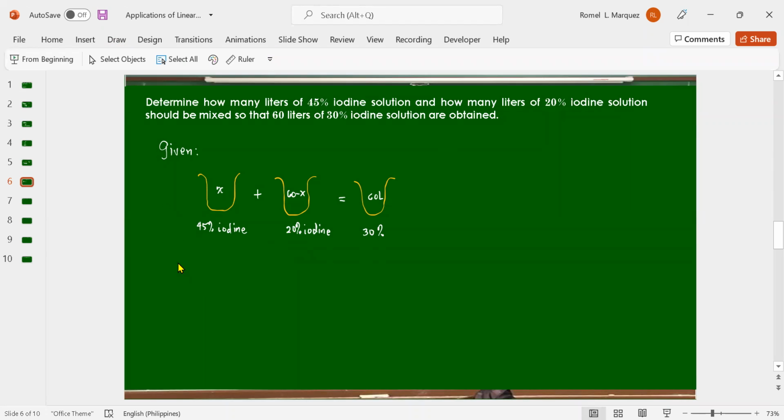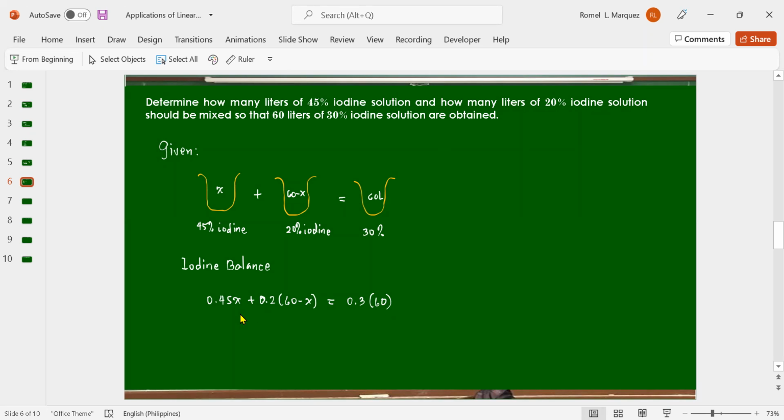Okay. So we now have an iodine balance. Iodine balance. So 45% of X plus 20% of 60 minus X is equal to what? 0.30 or 30% of 60 liters. Okay?